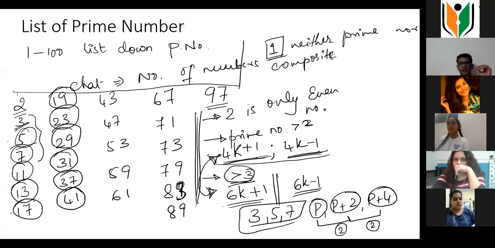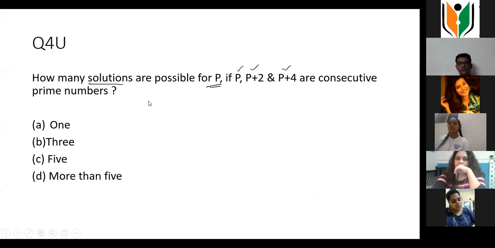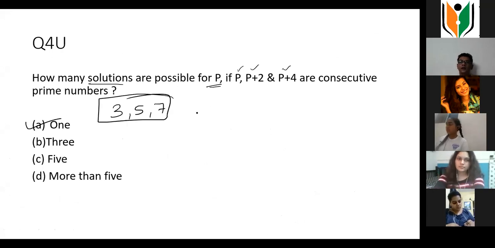So if the question is talking about how many solutions, then what is your answer? Your answer is going to be 1 solution. And what is that solution? 3, 5, and 7 is the only solution. And this is the reason why, if you remember prime numbers, it's always good. It reduces the effort that you're going to put into solving such questions.